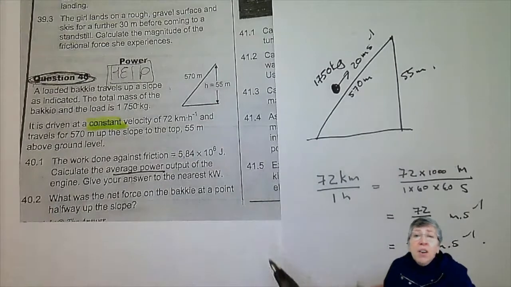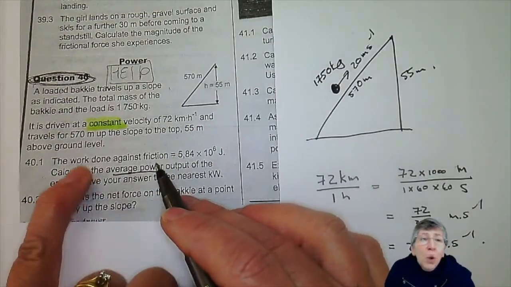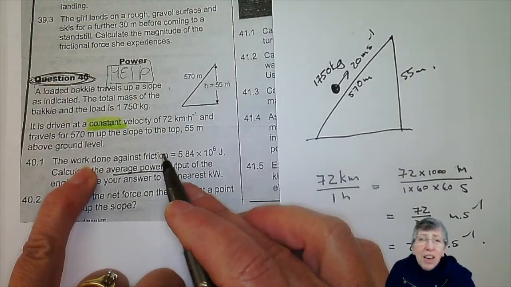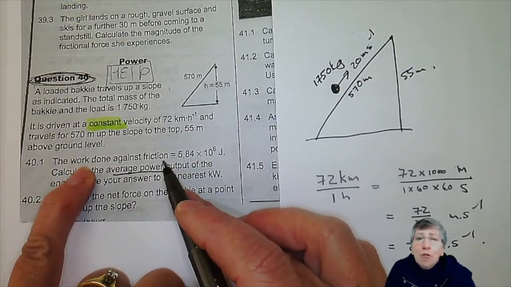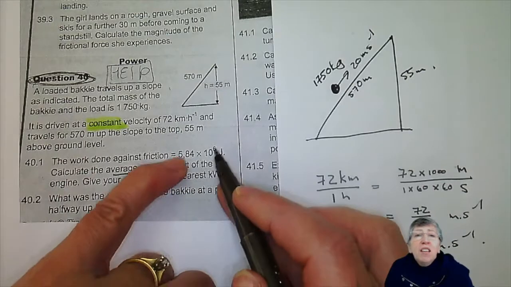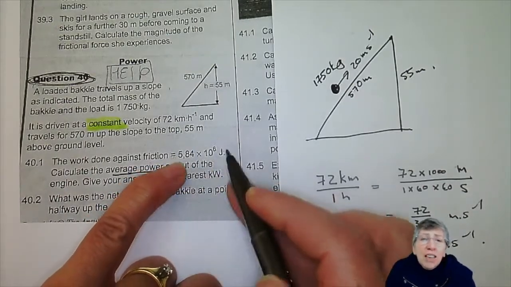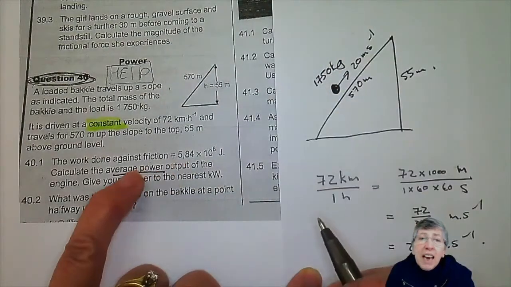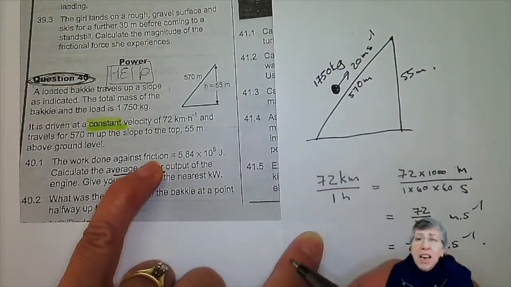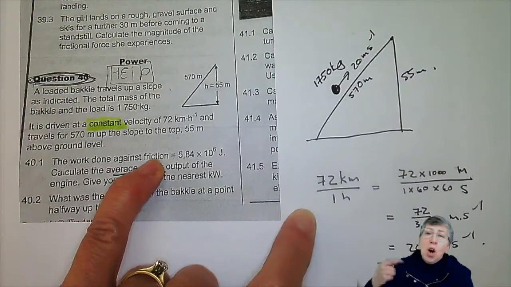Right, now if I have work done against friction, now I don't really like that, against friction, but it means that there's friction, and the friction has got that much energy, and now it must either put in or take out. Now what does friction do? Friction will always be in the opposite direction.